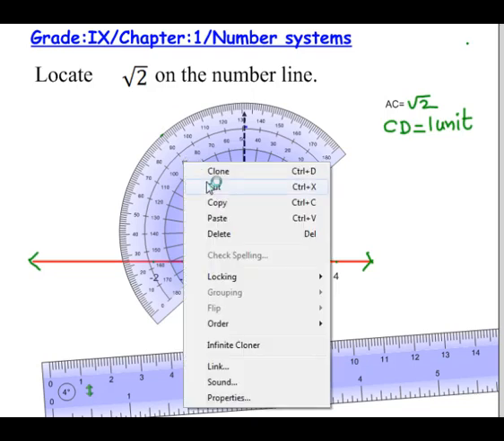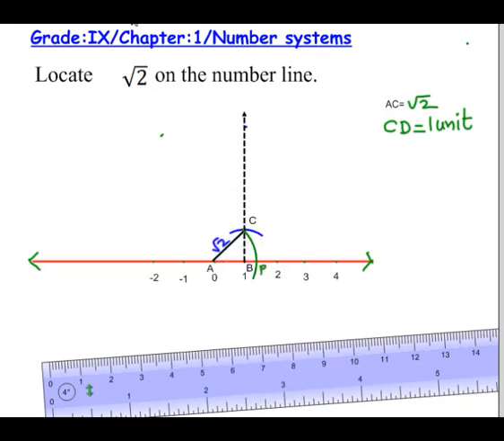Now this is the ray which is perpendicular to AC. Now from C, how many units we should take? From C we need to take 1 unit length. Previously we have taken AB length as 1 unit, so I am taking the same AB length, 1 unit.